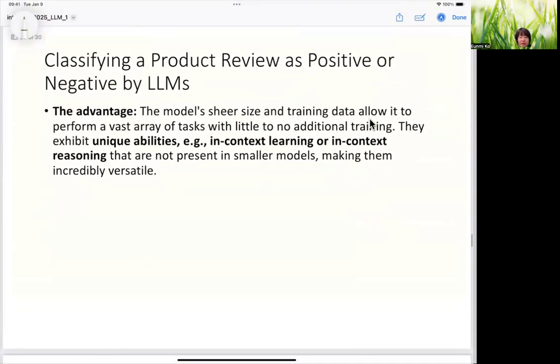So the advantage is that the large language models have unique abilities in in-context learning or in-context reasoning, which are only activated at this massive scale of billions of parameters.